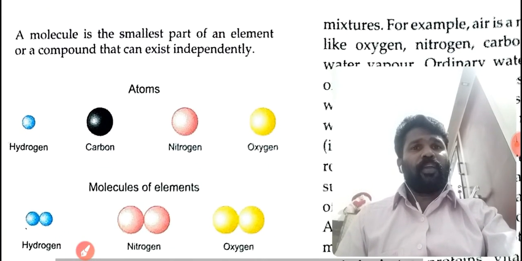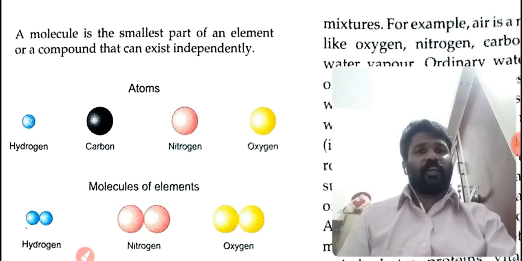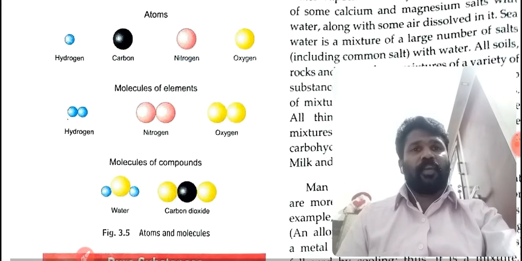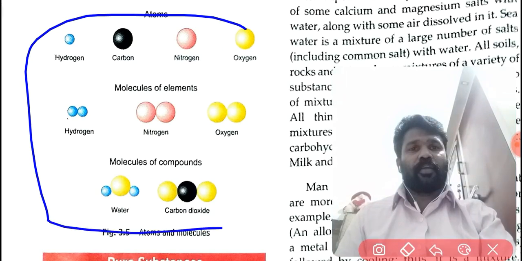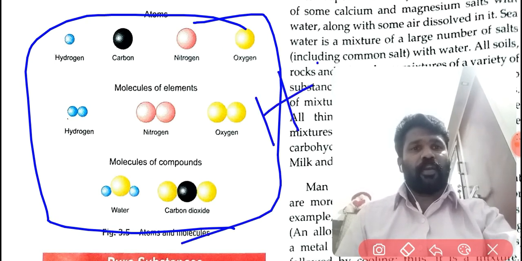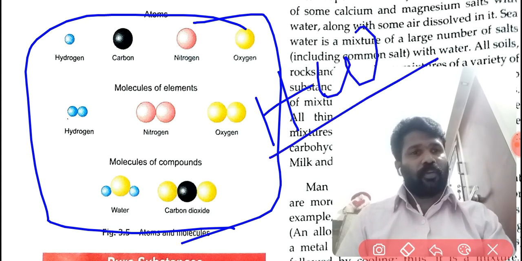A molecule is the smallest part of an element or a compound that can exist independently. Some compound formation is given in the diagram that you can mark as important. This is your holiday homework. I'll give you the Lofty platform also, you have to go through it.